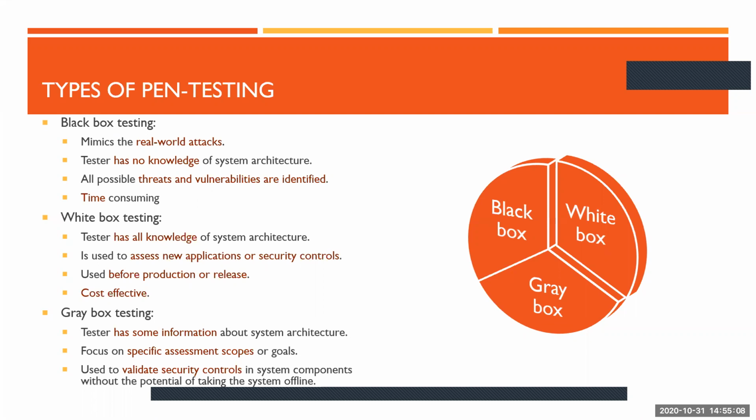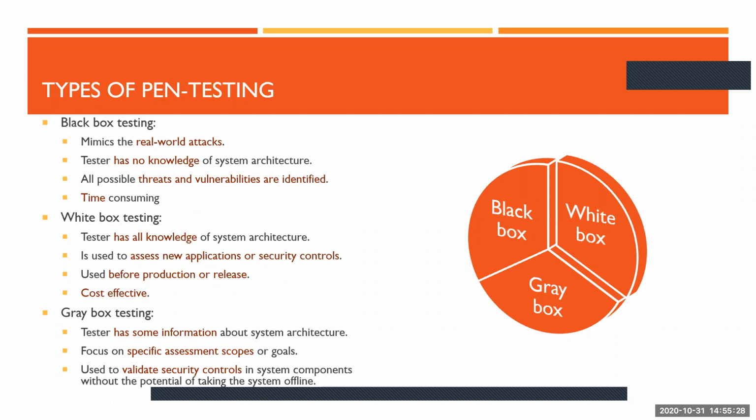Like what would happen if this was being attacked realistically? In some cases, the tester would have no knowledge of the system. So we call that blind or double blind testing, where you have very little knowledge of their system and network. It's very time consuming. Okay.